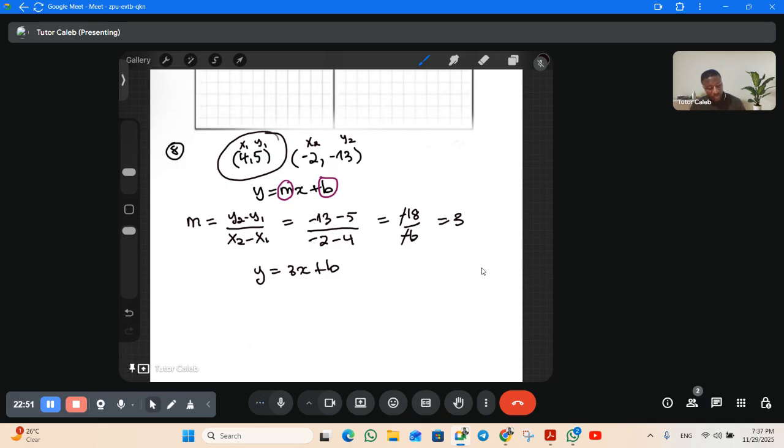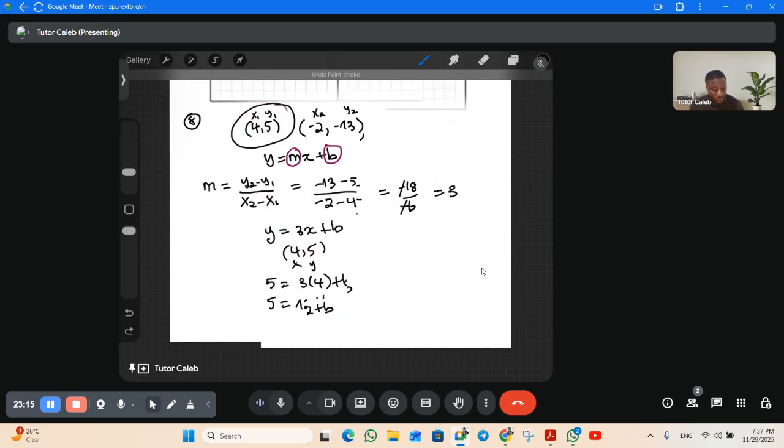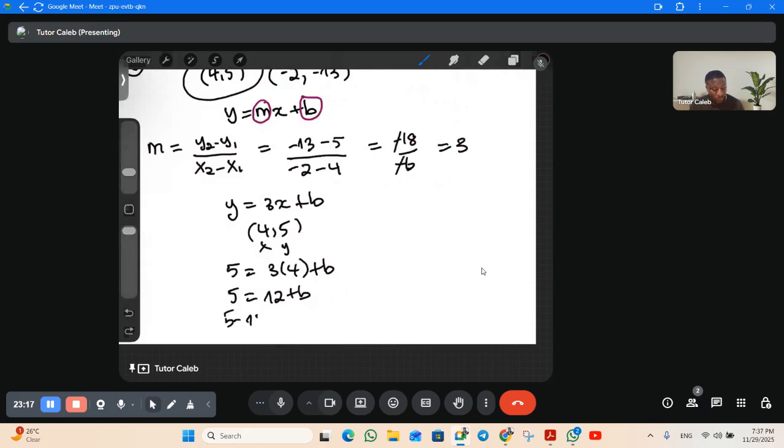So if we use the point (4, 5), we know that x is 4, y is 5. We're going to have 5 equals 3 times 4, which is x, plus b. Therefore 5 equals 12 plus b, and 5 minus 12 equals b. Therefore, b is -7.